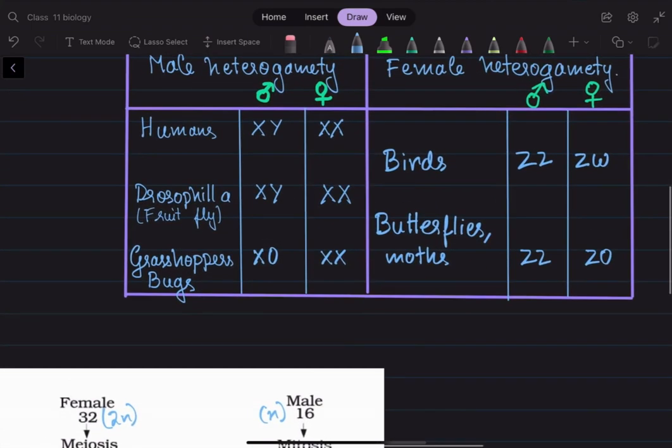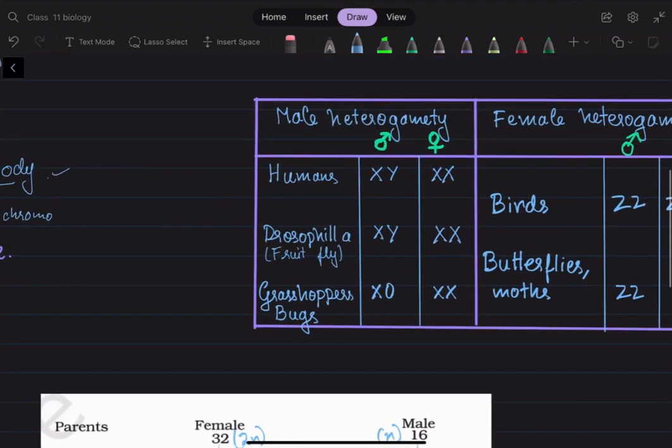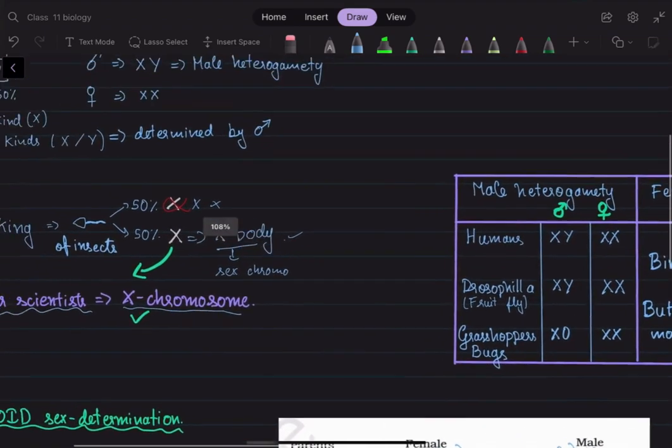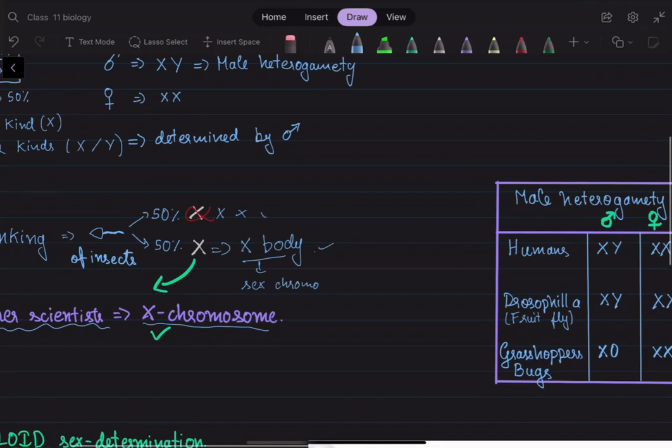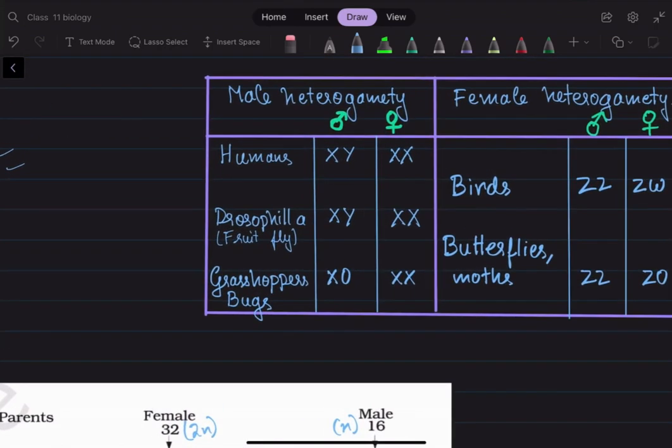Coming to the insects that we are talking about, insects like grasshoppers and bugs, as I told you, half of the sperms of the insects did not contain the X chromosome, whereas the other half did contain it. So here we see there is only one type of sex chromosome.